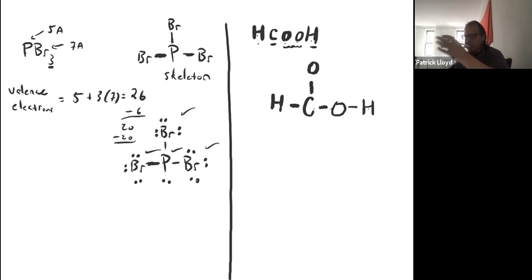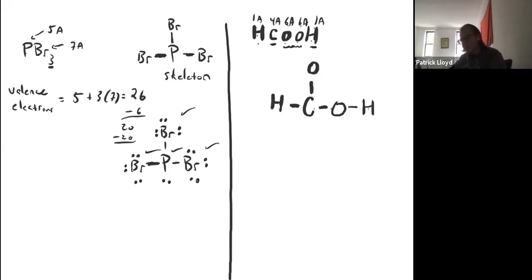Okay. Now let's do the question, which was how many valence electrons? Hydrogen is in group 1A, carbon is in group 4A, oxygen is in group 6A. So you just add up the electrons: 1, 4, 6, 6, 1.